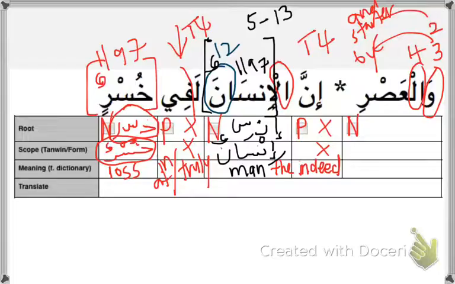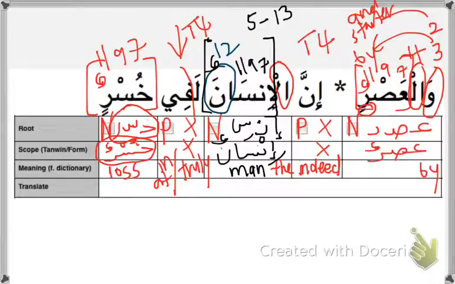We look at the noun that comes after it. When the noun that comes after it has a kasra, then most likely this wa means by. And then you hack ain sad ra. So ain sad ra would be the root, and then this is 7, 9, 11. So the scope would be at the end of this, asrun, so you would get asrun, and when you look at the dictionary you would get the meaning, which is time.